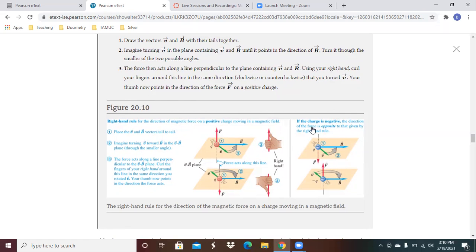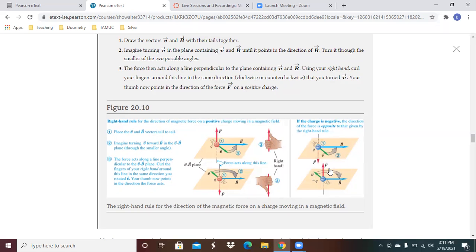Now, this is what happens if it's a positive charge. If the charge is negative, then you are going to be looking at the opposite of what is given by the right-hand rule, as if you needed anything else to worry about. So when the charge is positive, it'll go this direction.